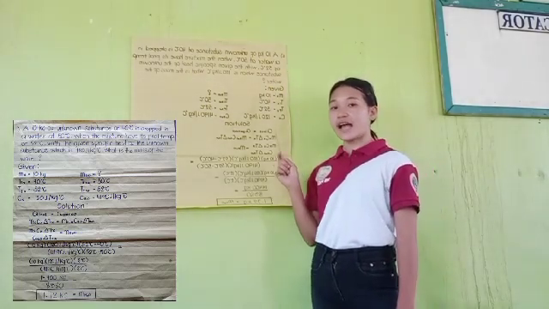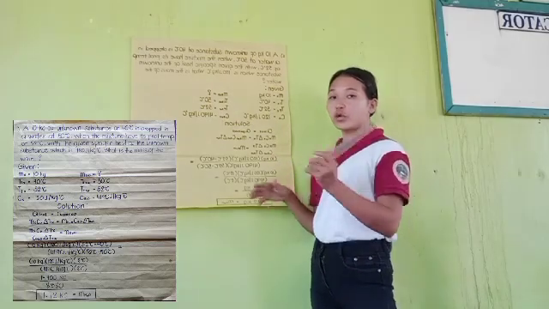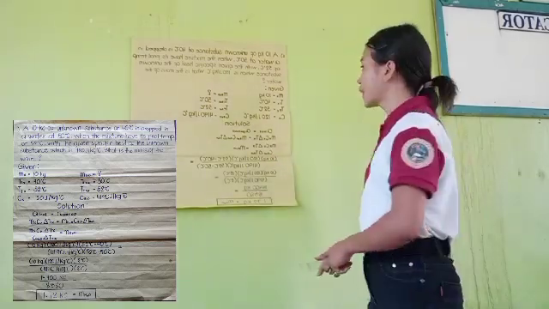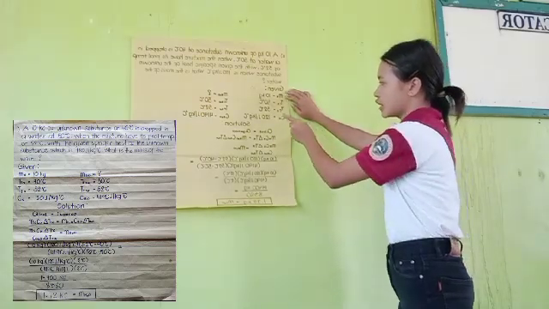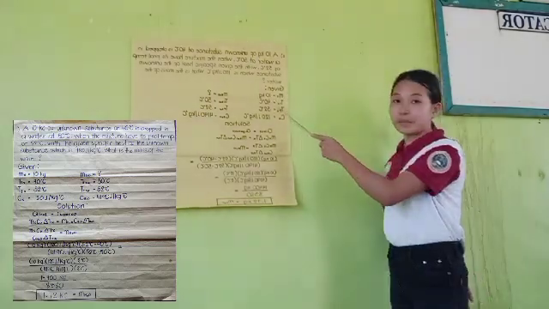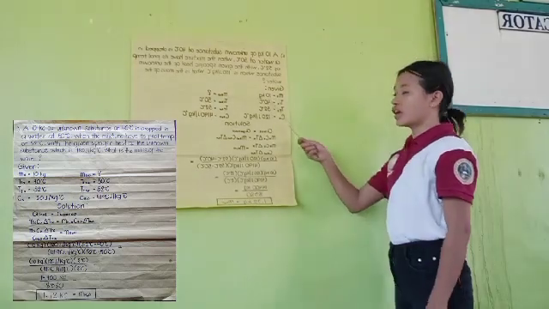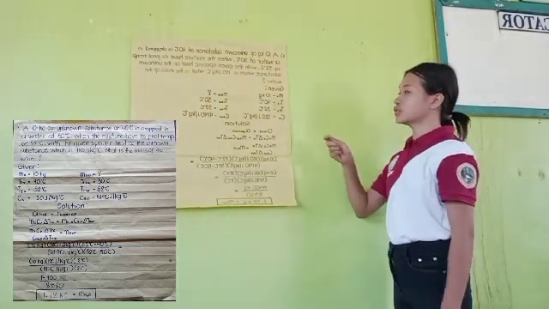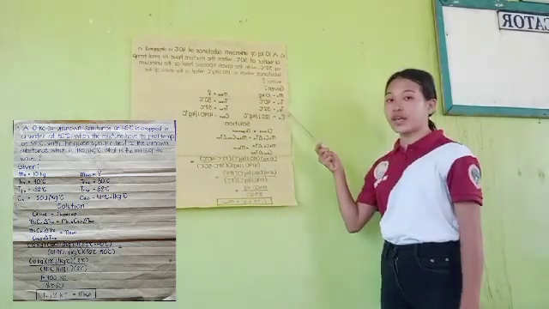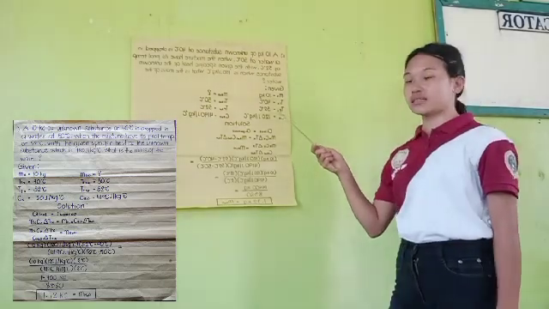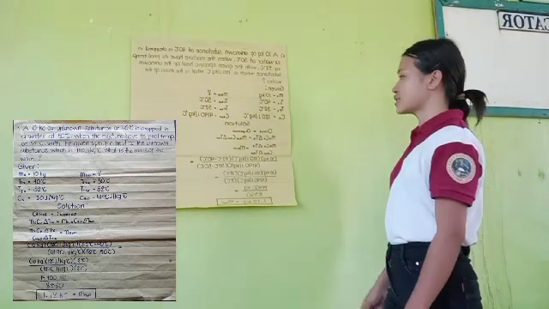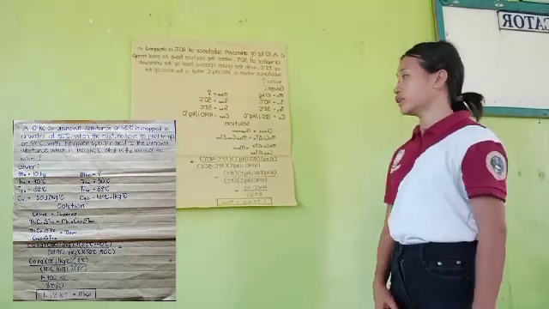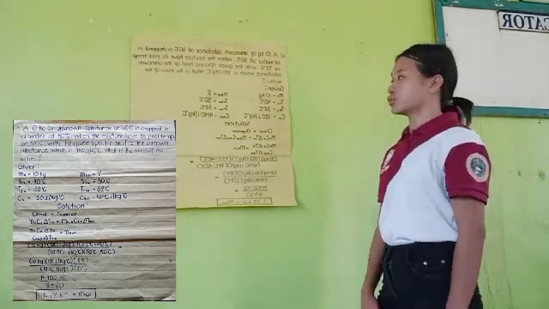So let us look for the given first. Given: the mass of the unknown substance, 10 kilograms; initial temperature of the unknown substance, 40 degrees Celsius; final temperature of the unknown substance, 52 degrees Celsius; and the specific heat of the unknown substance is 120 joules per kilogram degrees Celsius.